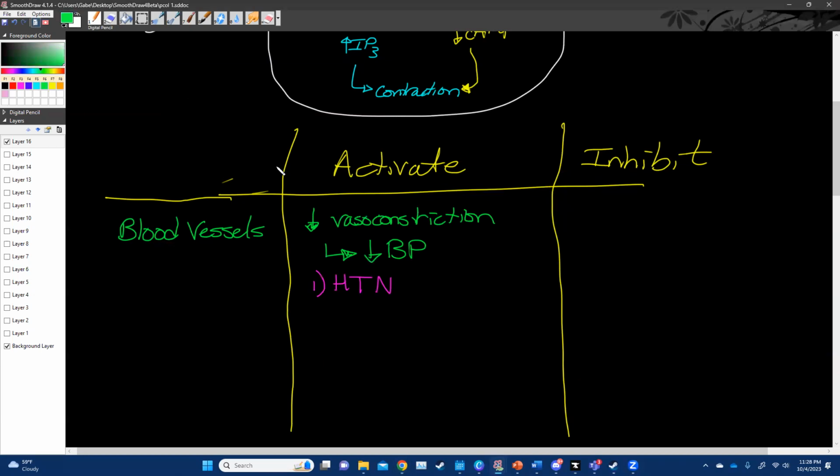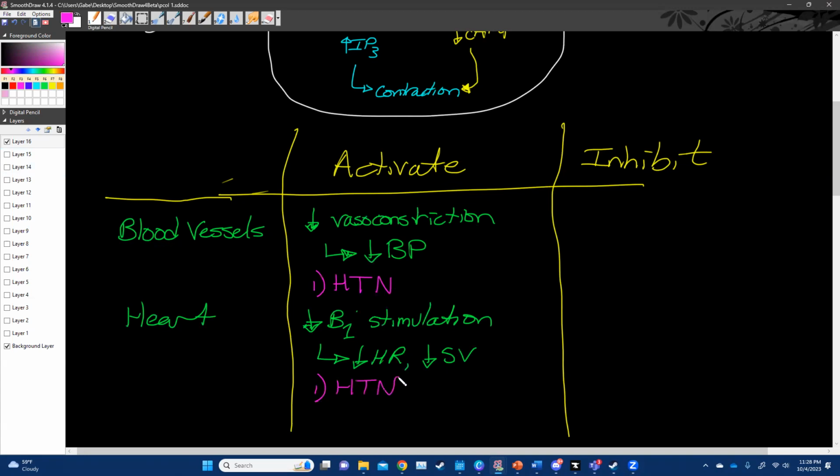The other thing that we find as well, specifically for the heart, is that we're going to decrease beta 1 stimulation, which is going to end up decreasing the heart rate and decreasing the stroke volume, so how hard it is beating. Again, what is the use of this? Hypertension. That's primarily where we're going to be using it.